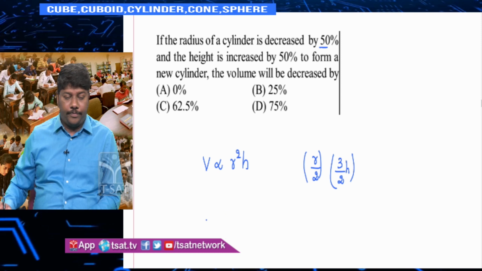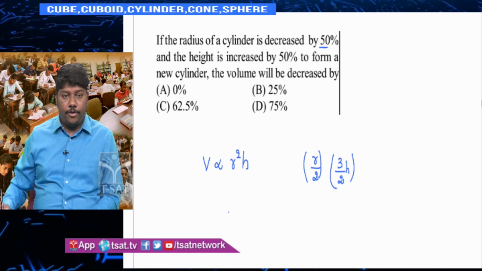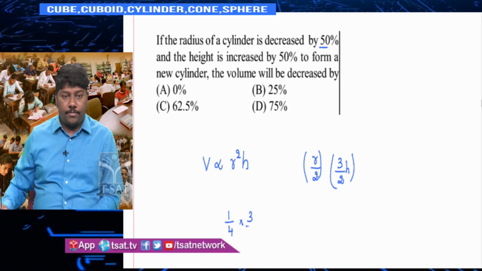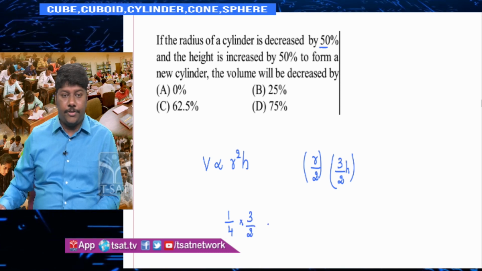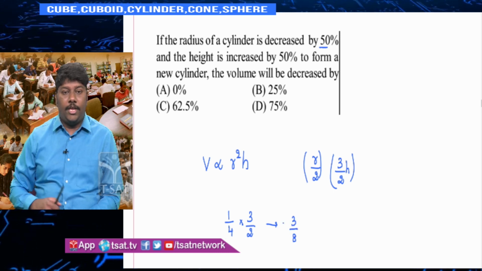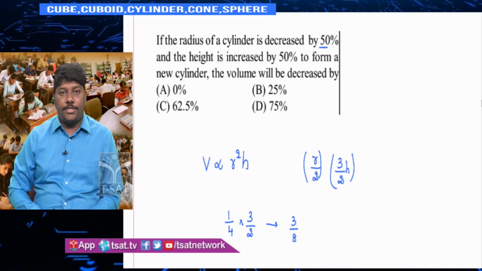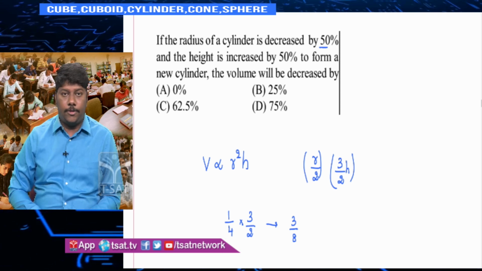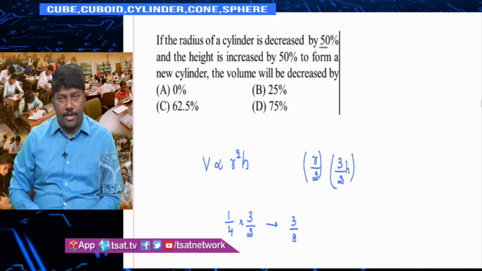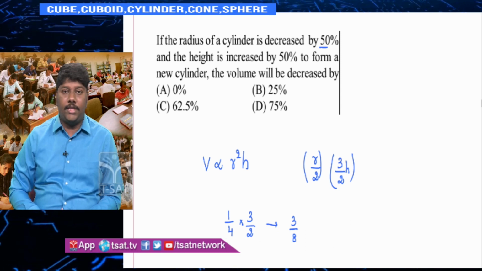Substitute it and check. What happens? 1 by 2 squared means 1 by 4, into 3 by 2. In terms of fraction, it becomes 3 by 8. Now, 3 by 8 indicates a decrease. Earlier the denominator was 8, now it is becoming only 3.